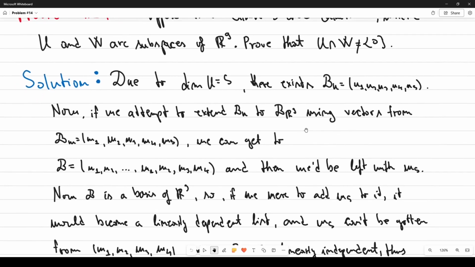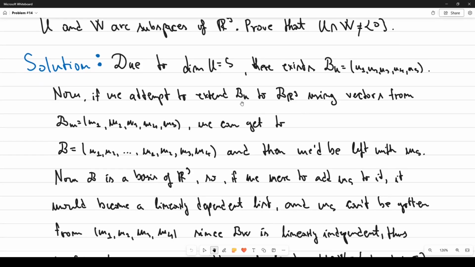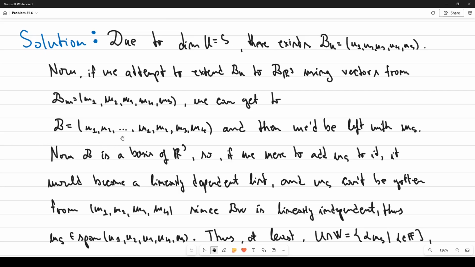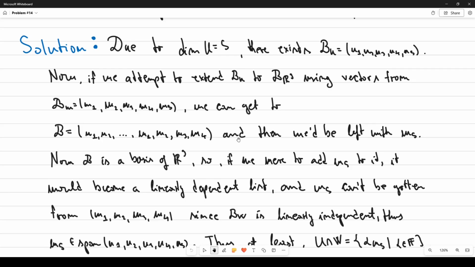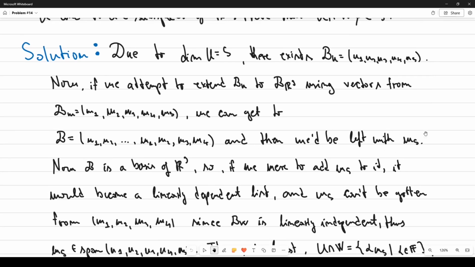So in the best case scenario, if I were to extend the basis of U to a basis of R to the 9th using these vectors from W, we can get to the following basis of 9 elements. And then we'd be left with, for example, w5. Doesn't matter, you can always label it properly, but in this case, let's just go with w5 as the one that's left over.